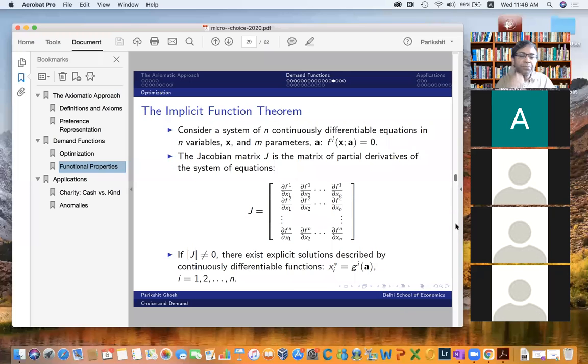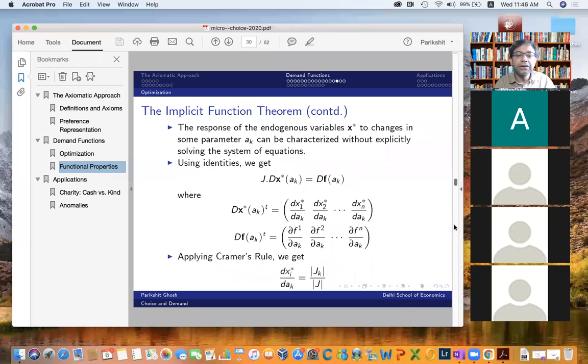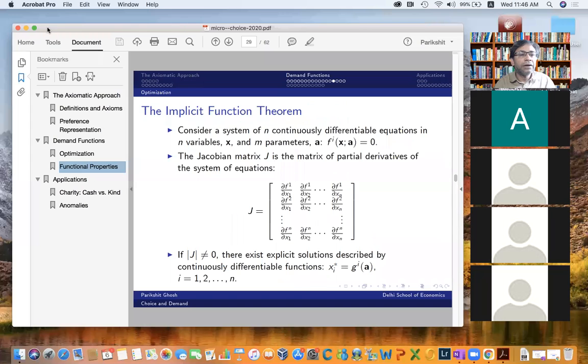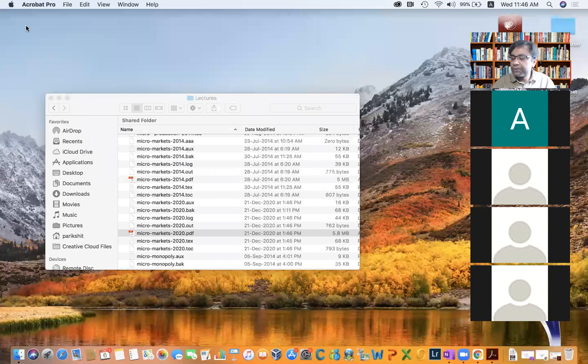So here's our implicit function theorem, right? Let me briefly go over it.